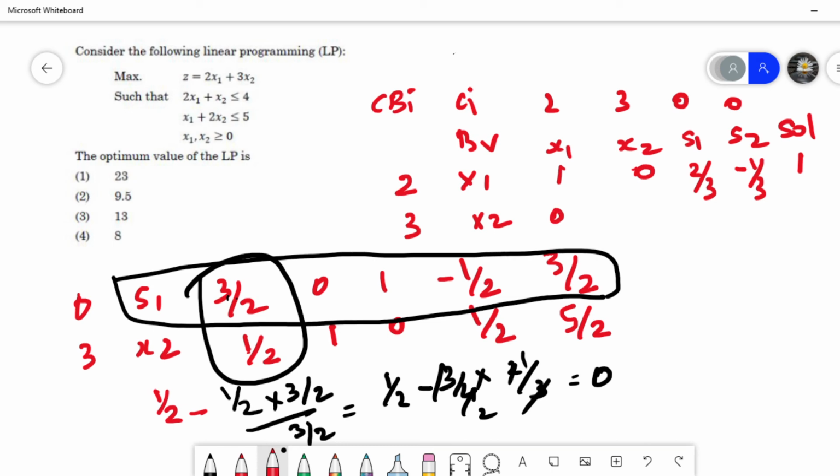So next, 1 minus, the corresponding key column value is 1 by 2, then the corresponding key row value is 0, then the key element is 3 by 2. So 1 by 2 into 0, 0. So the value is 1.